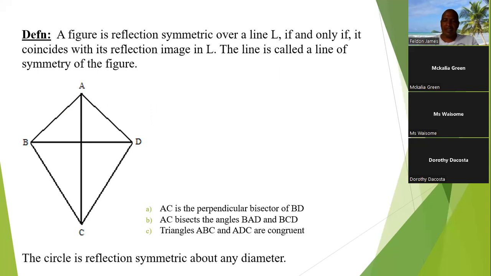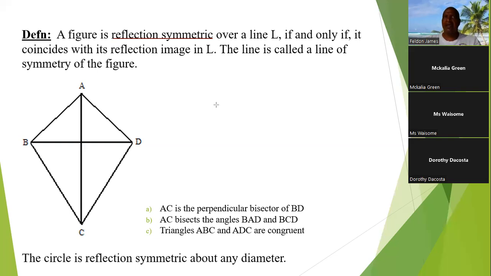All right, so the next object we are going to be looking at now is what we call reflection symmetric. So what do we mean when we say it is reflection symmetric? Now, remember when we were looking at graphs and we talked about the line of symmetry, right?